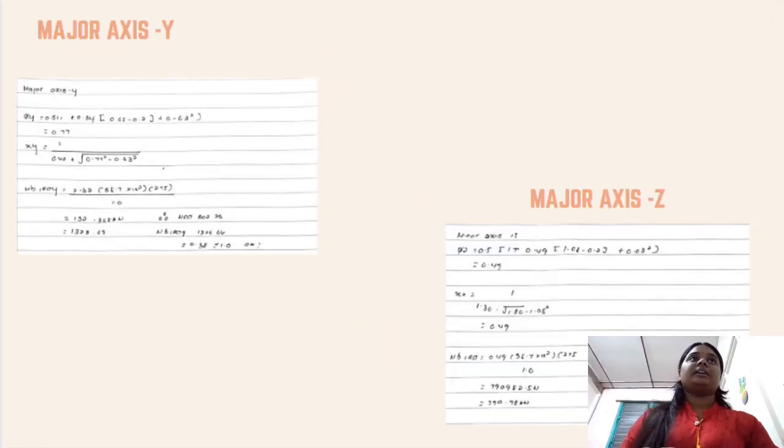So the major axis Y: 0.5 times [1 plus 0.34 times (0.65 minus 0.2) plus 0.32 to the power of 2]. So the χy is 1 over 0.42 plus the square root of 0.77 to the power of 2 minus 0.63 to the power of 2.